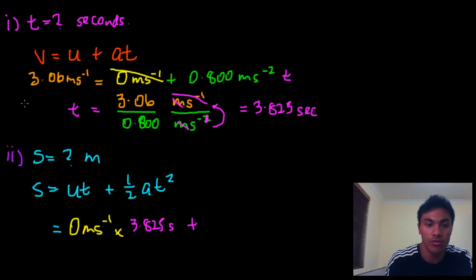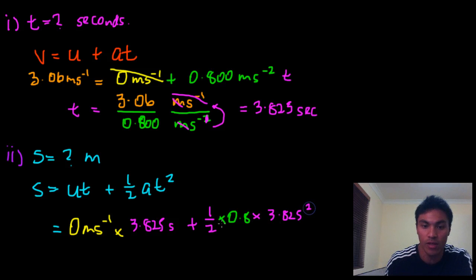You're adding that to half times our acceleration, in green, 0.8. I'm just going to omit these two decimal points to save a bit of space. 0.8 times our time, in magenta, 3.825 squared.